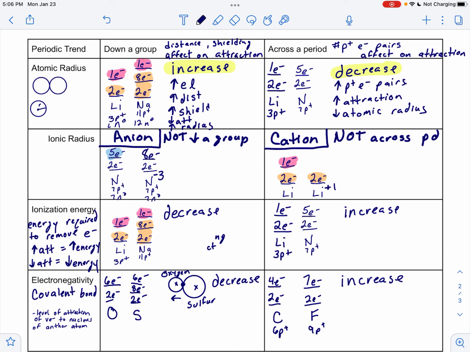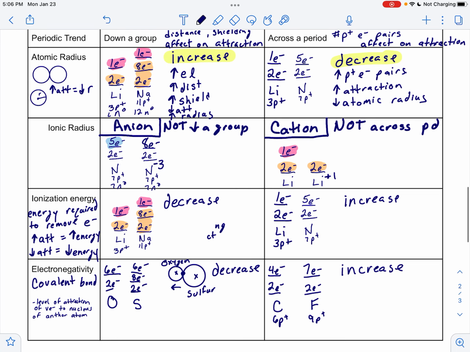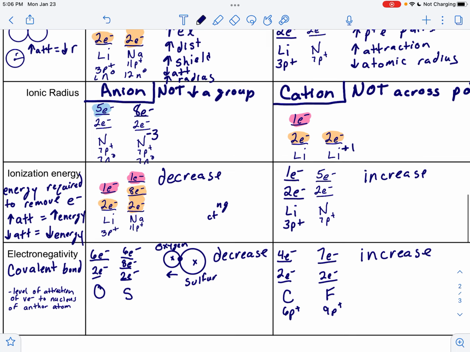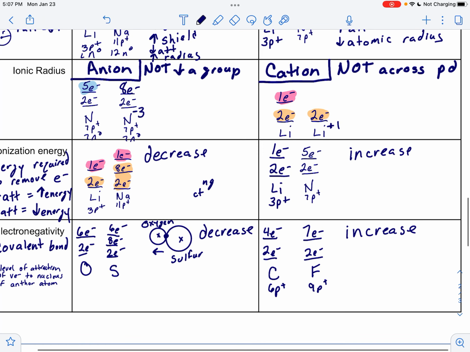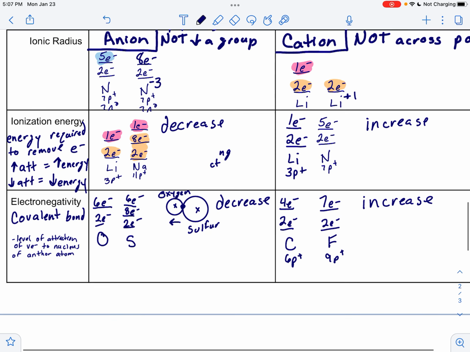Remember that with our atomic radius, higher attraction equals a smaller radius. As far as our ionic radius, we just discussed this up above. If you need to review that, look up above.